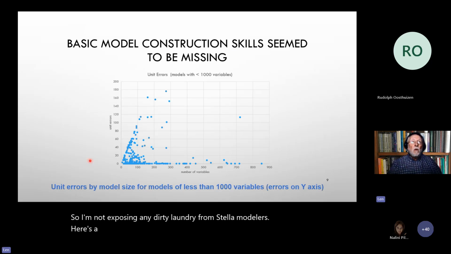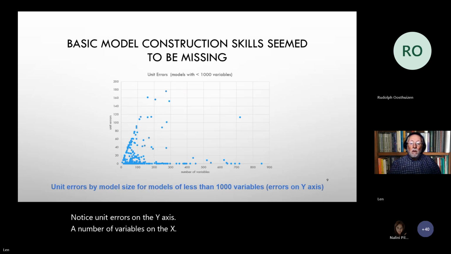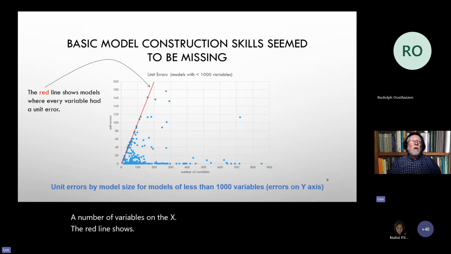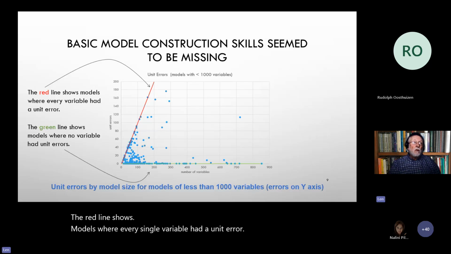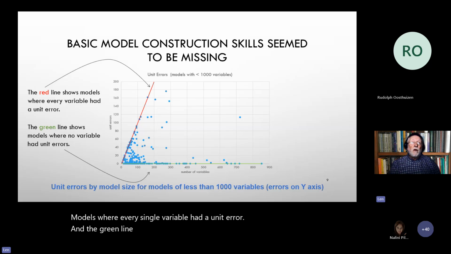Notice unit errors on the y-axis and number of variables on the x. The red line shows models where every single variable had a unit error. And the green line shows models where none of the variables had unit errors.